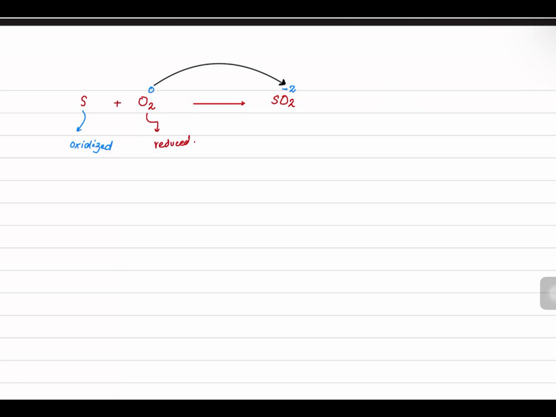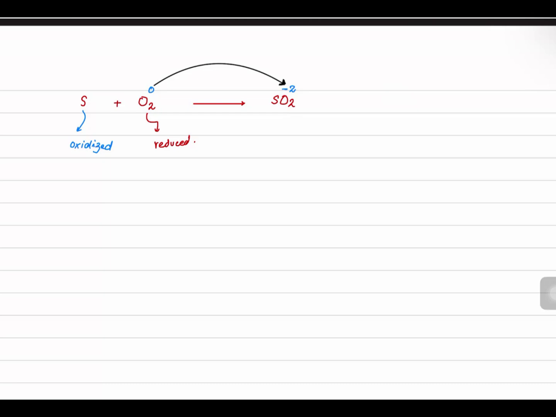In short, sulfur is oxidized and oxygen is reduced. Are you all getting my point? Yes or no? We will be doing more and more questions to have a grip on this topic, and to learn how we can tell that something is oxidized or reduced.